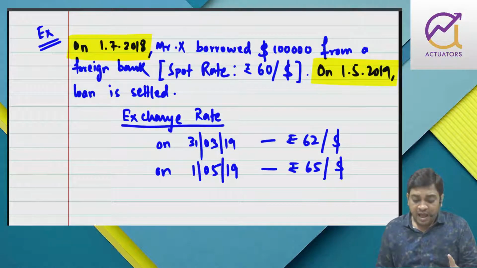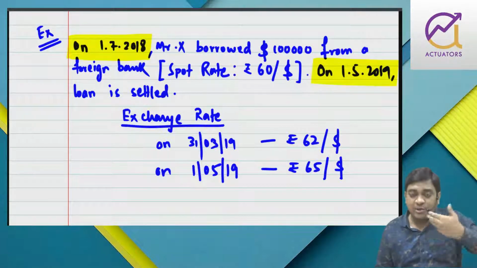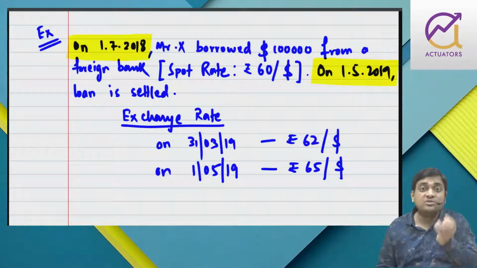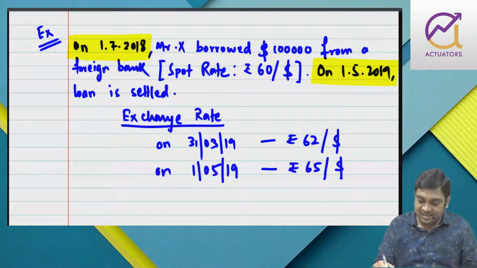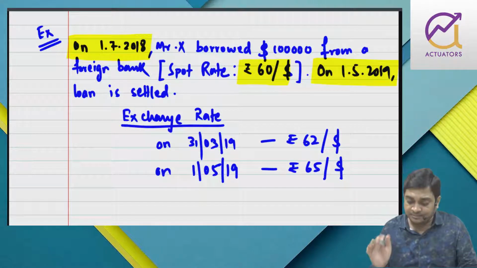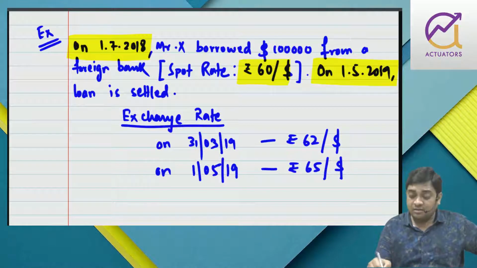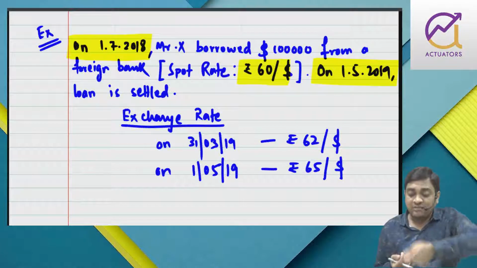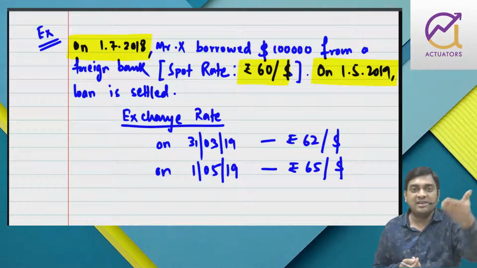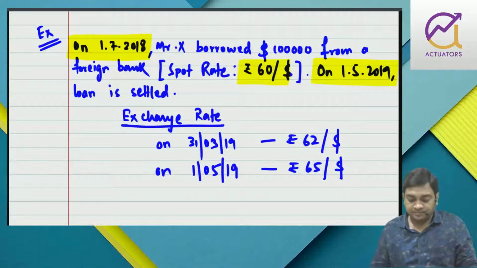So I have given you the rules for initial recognition. Whenever you enter a transaction with a foreign party, you record that in your books using today's spot rate, that is 60. Initially this foreign loan will be recorded in my books at 60 because in India this dollar has no value. So I have to convert that. Going to a bank, I have to give them 1 lakh dollar, they will give me Indian currency. So that exchange will take place at 60.